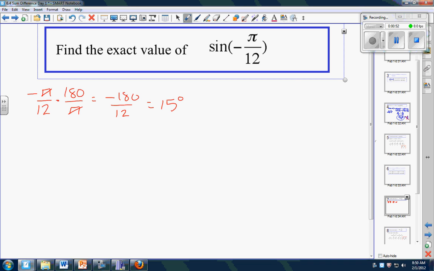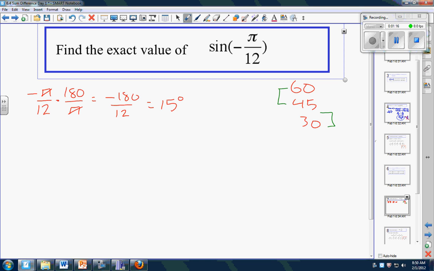Now, the things that we can use are 60s, 45s, and 30s. The nice thing is, these two subtract to 15 degrees, and these two subtract to 15 degrees. It won't matter which ones you pick as long as you get them in the right order.